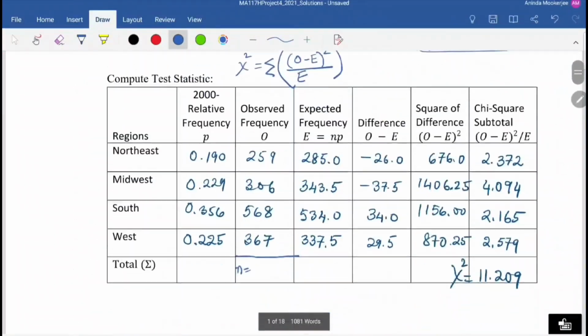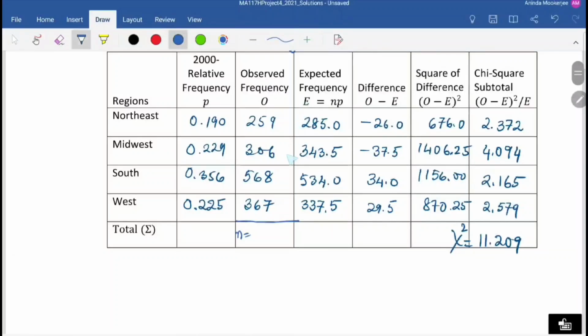And it's going to be 1500. So when you sum up all your observed frequencies, that's what your N is. N equals 1500. That's what we get after adding all these numbers.